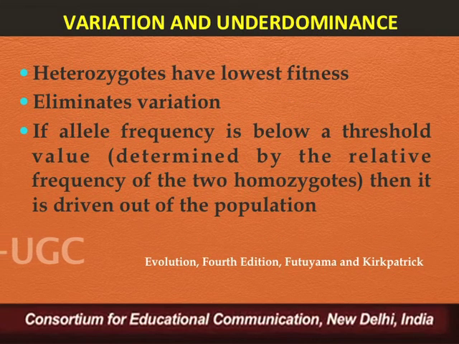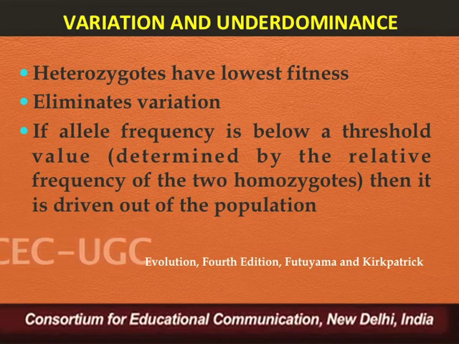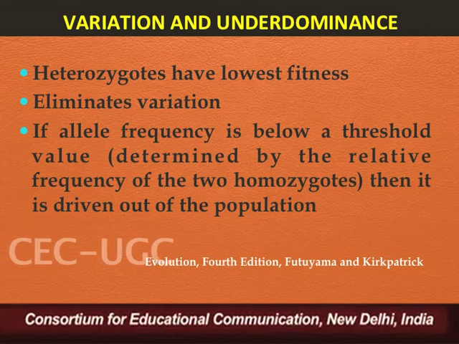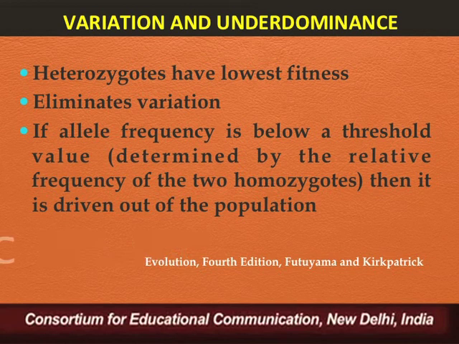But there are cases where heterozygotes are not selected, and this leads to underdominance, where heterozygotes have the lowest fitness. Because of the elimination of heterozygotes, the variation is lost, and this population has less and less variation, and only one type of allele will be found in this population.